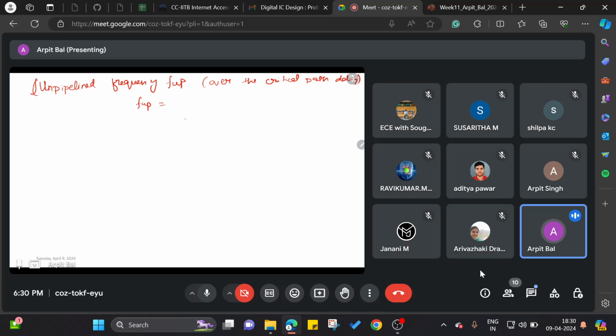FUP is equal to 1 by 8 plus 22 by 6 plus 2. That will be around 6 by 82. Okay, some units.